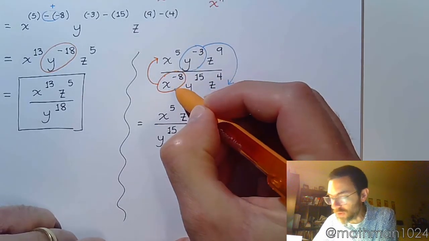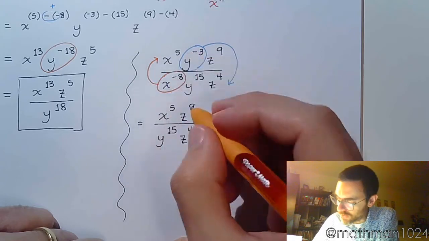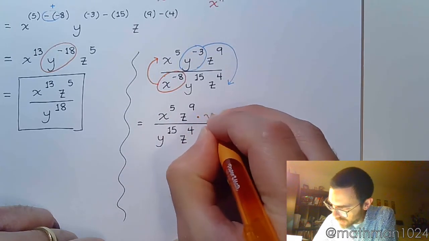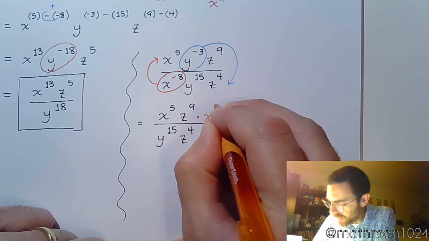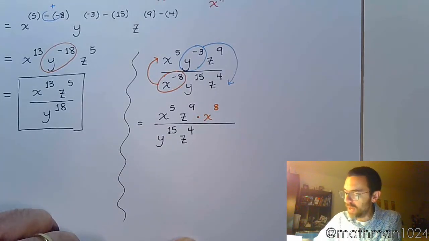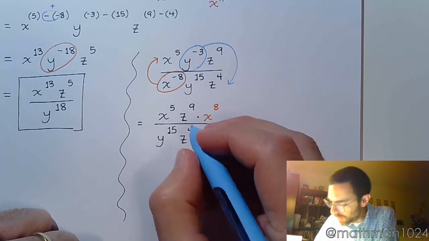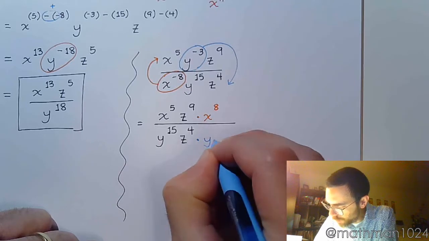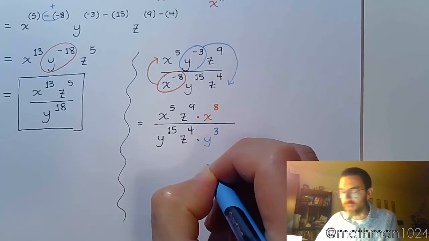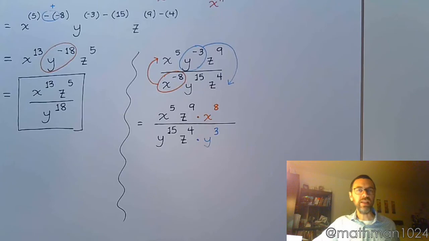So what I have here, circled in orange, x to the negative 8th goes into the numerator as a factor of x to the positive 8th, and y to the negative 3rd goes into the denominator, so this is times y to the positive 3rd. And now it's just a matter of cleaning things up.